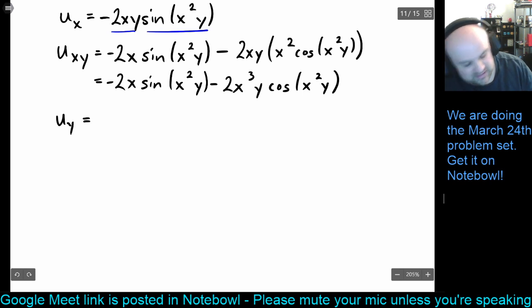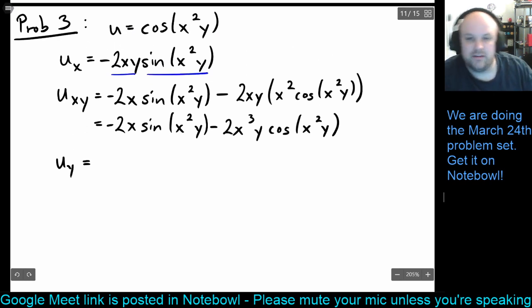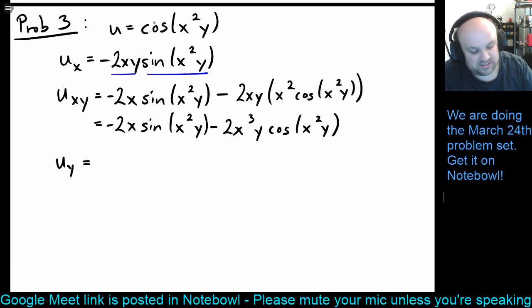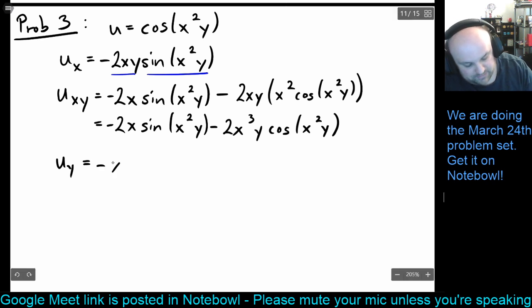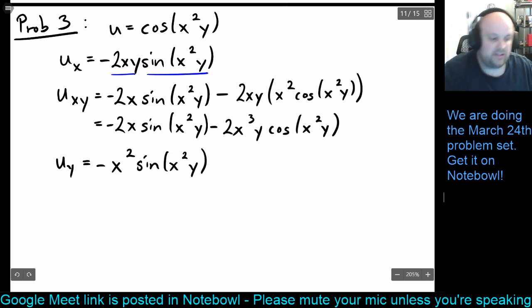So now that that's done, let's find u_y. Here we're going to differentiate this with respect to y. So the x squared comes out, we get a negative because of the cosine. And that's it for the y derivative.